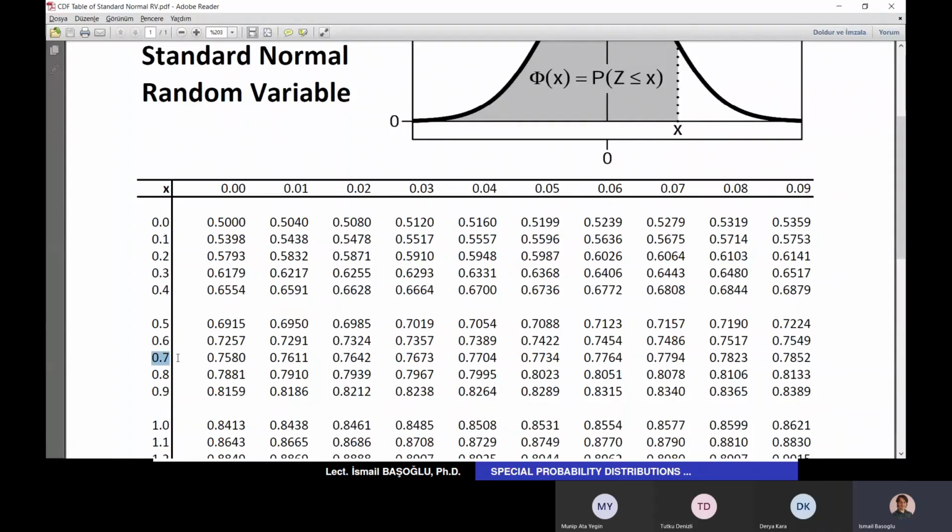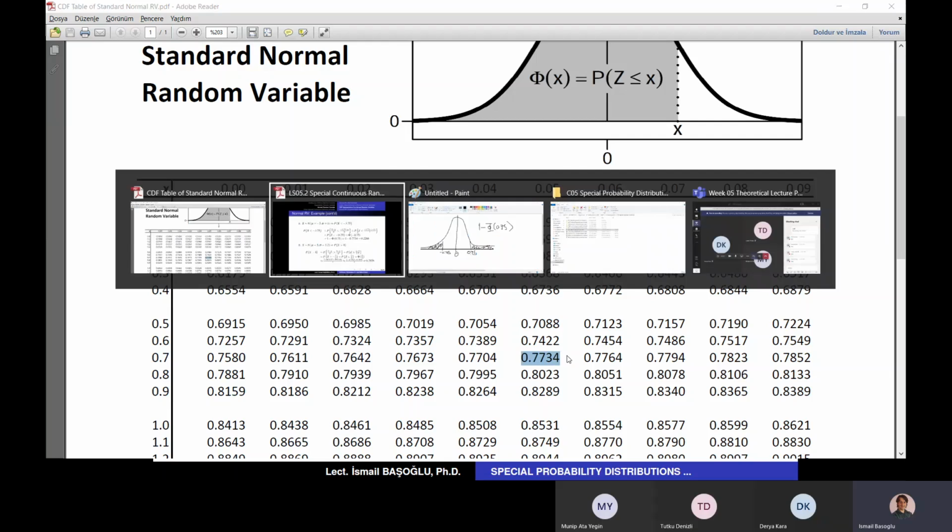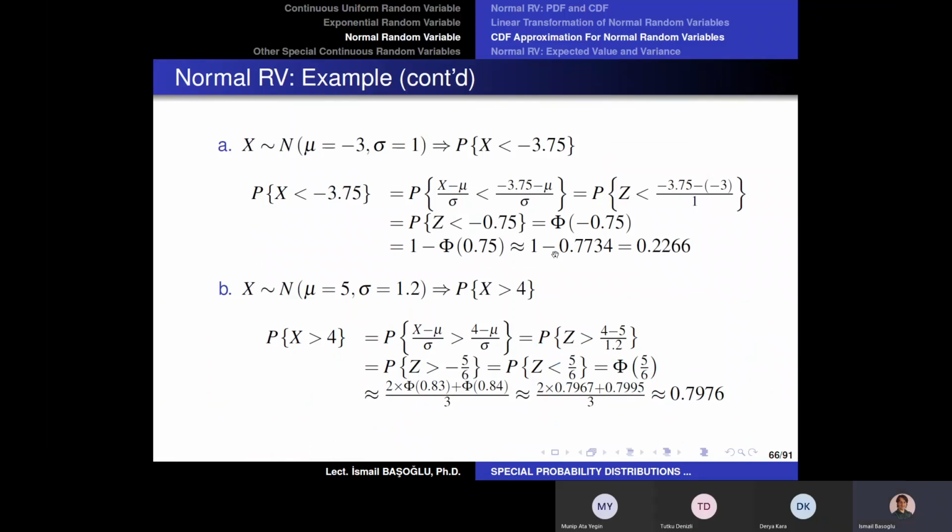Let's check 0.7, and we have 0.05 here, and the result that we are looking for is 0.7734, which is exactly written here. Subtracted from 1, we get the probability. So this is how we are going to solve the probability statements related to non-standard normal random variables. So let's solve another one.